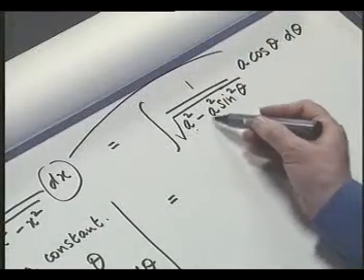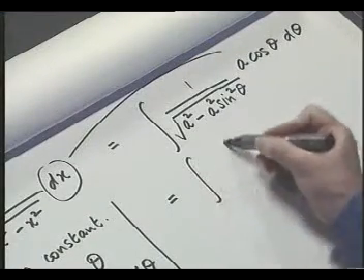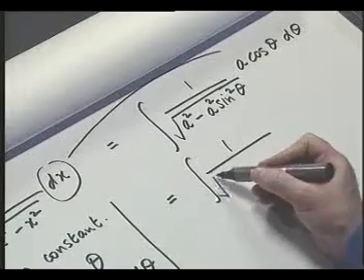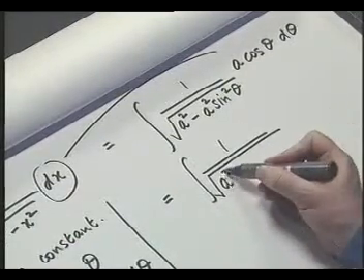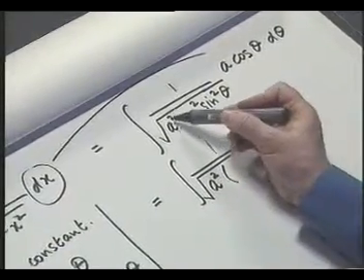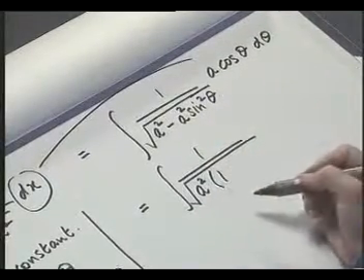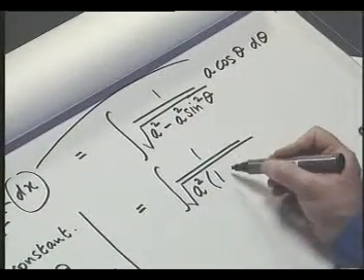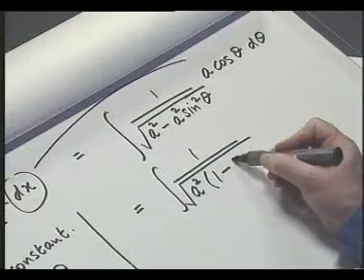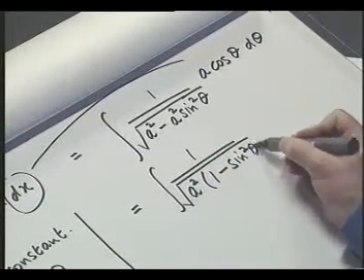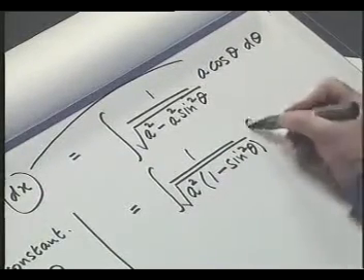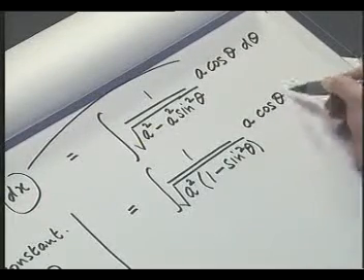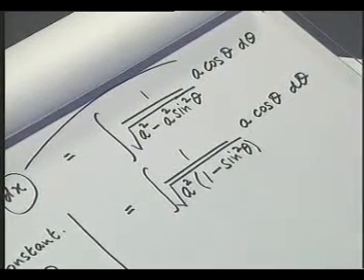Let me take out the factor of a squared in the denominator. Taking an a squared from this first term will leave me 1, and an a squared from the second term will leave me 1 minus sine squared theta. And I have still got an a cos theta d theta at the top.